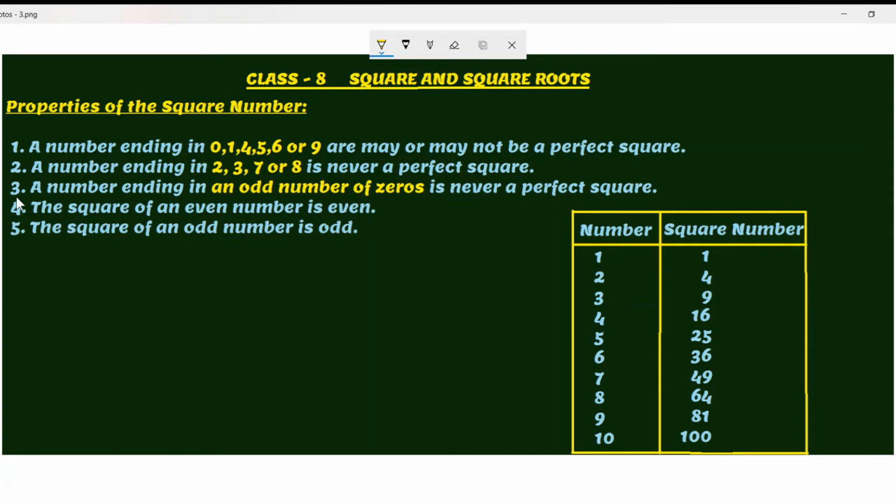The third one is, a number that ends in an odd number of zeros is never a perfect square number. That means a perfect square number will always end with an even number of zeros.